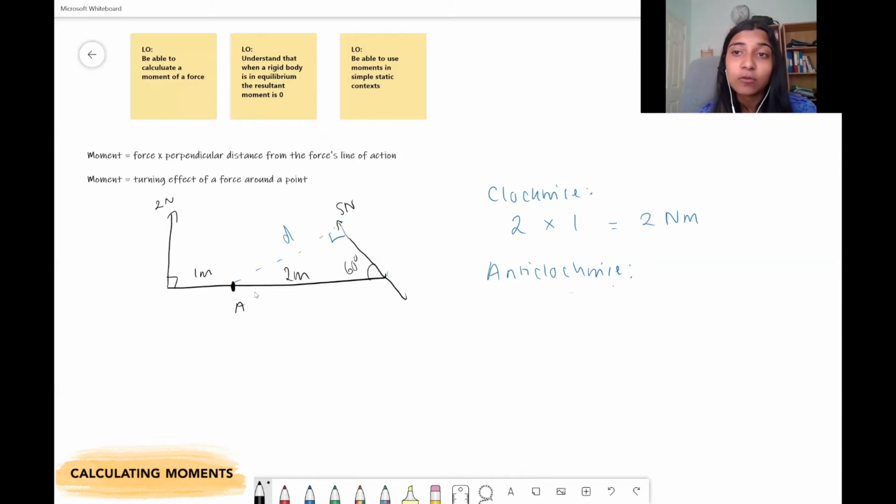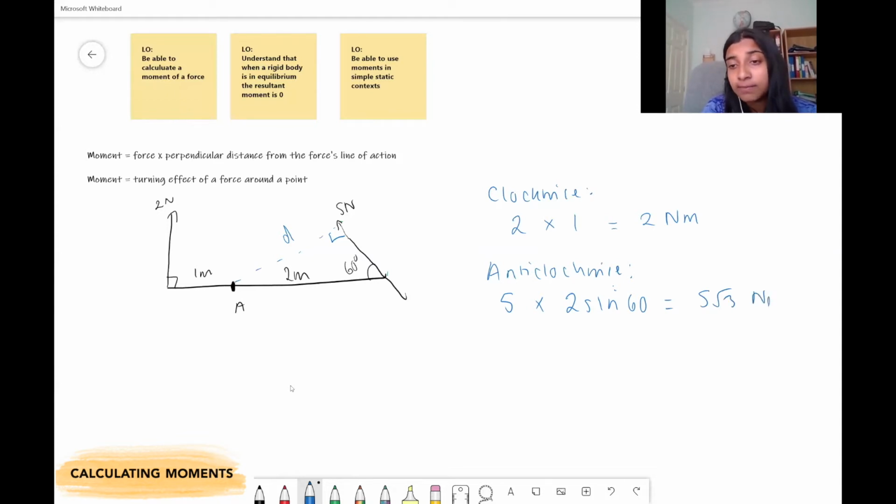If you start off with finding the perpendicular distance, which is just this D here, your anti-clockwise moment is equal to your force, which is 5, times this distance. You have a right angle triangle here, so this D would just be equal to 2 sine 60, and if you plug that in your calculator, that would be equal to 5 root 3 newton meters.